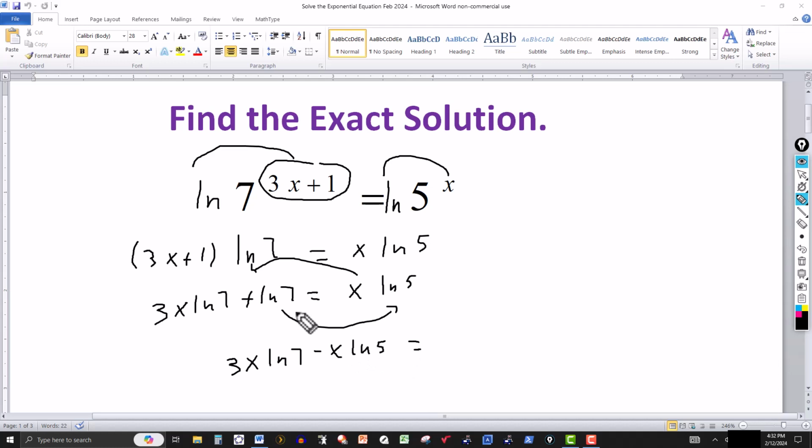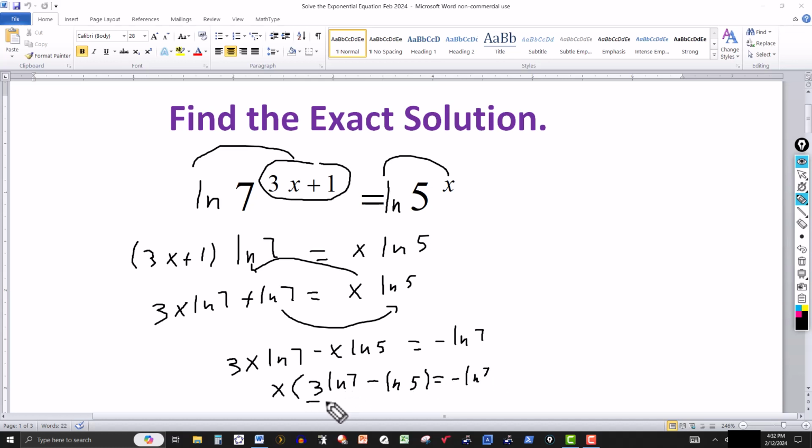The ln of 7 goes to the right side, changing the sign, minus ln of 7. So here I have an x, and here I have an x, and I want to isolate the x, so I just factor out the x, and that leaves me with 3 ln of 7 minus ln of 5. And that's equal to minus ln of 7.